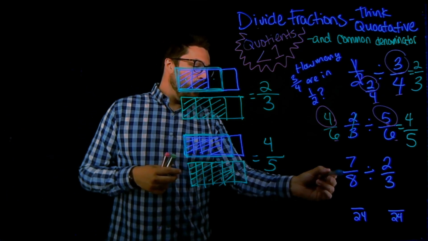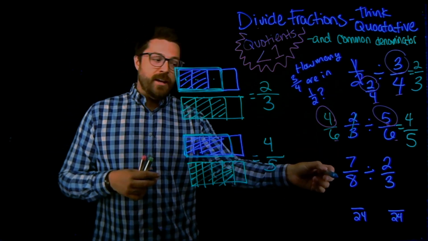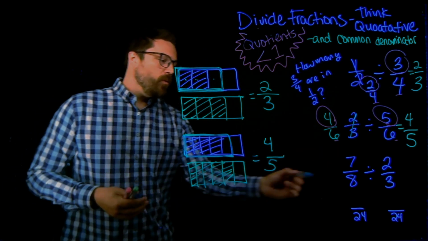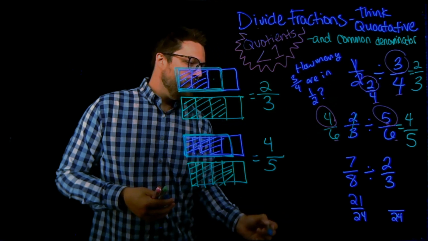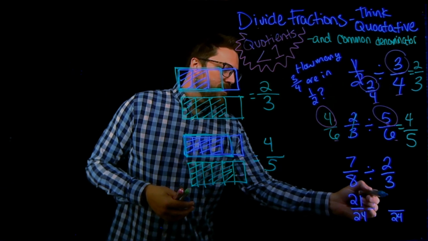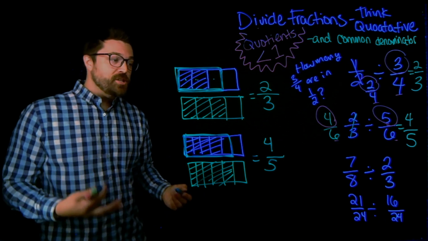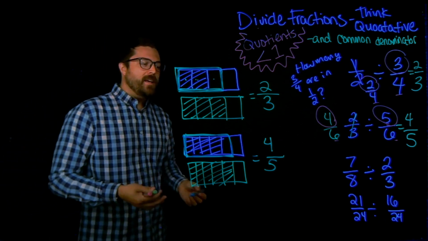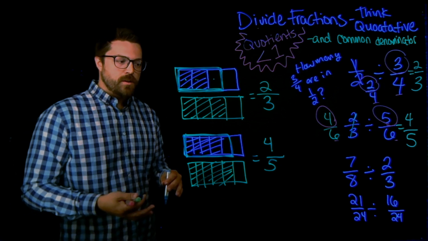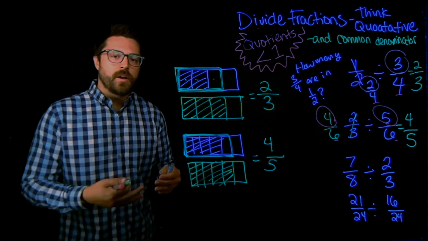So I need a fraction that's equivalent to 7/8 with a denominator of 24, and so that's going to be 21/24 divided by 16/24. So my quotative question now is how many 16/24 are in 21/24?